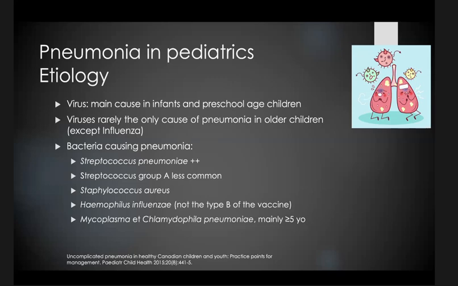One of the most frequent are Streptococcus pneumoniae, Streptococcus of group A, less commonly Staphylococcus, and Haemophilus influenzae, not the type B that is in the vaccine. And you certainly can have Mycoplasma and Chlamydophila pneumoniae in children of 5 years old or more.